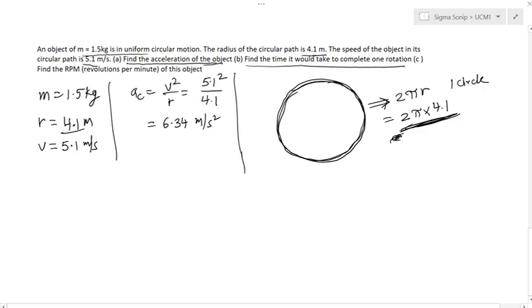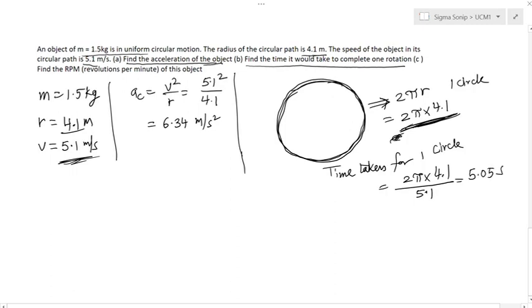And the object has a velocity of this much. So time taken for one circle is this distance, 2 pi into r, divided by the speed of the object, and the speed is 5.1, and that gives us a time of 5.05 seconds.